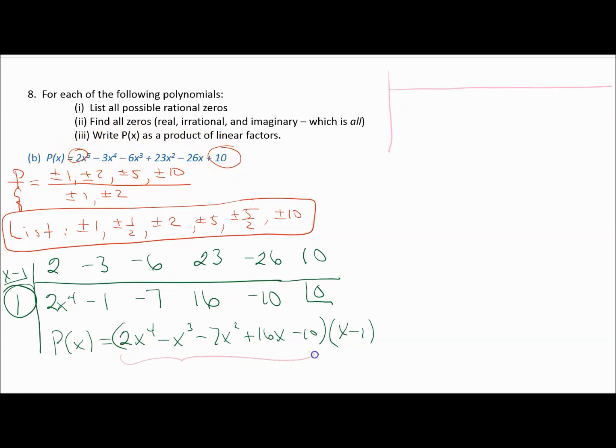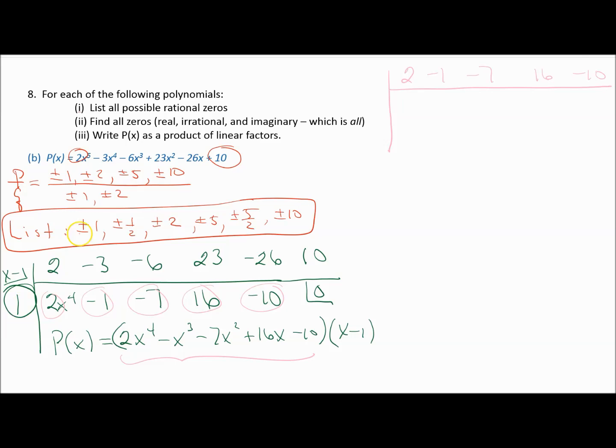I'm going to put this polynomial at the top, which is essentially just these numbers we have right here. 2, -1, -7, 16, -10, which is my quotient. What am I dividing by? Okay, I need to start where I left off.